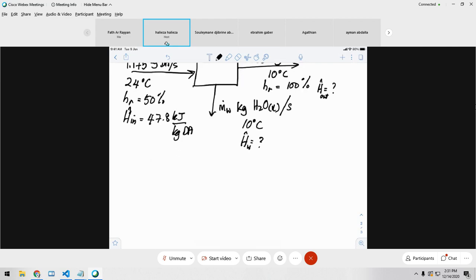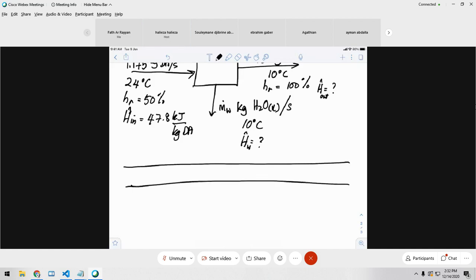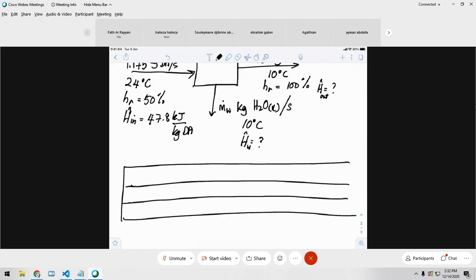Let's construct our table. We will have our substance, which is A and water. The water is going to be liquid water because that's the one coming out, not the vapor.